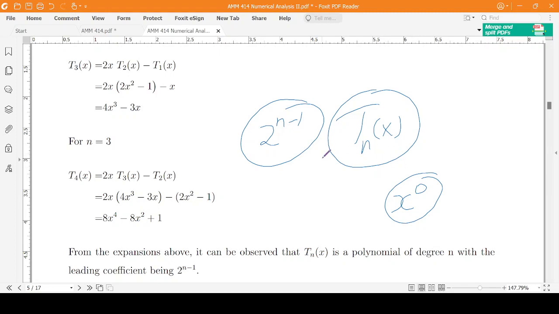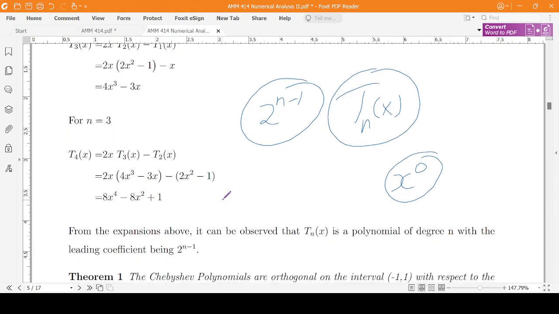So we have only the even powers whenever n is even. And whenever n is odd, we get only the odd powers of x. So that in this case, Tn of x will be an odd function whenever n is odd, and it will be an even function whenever n is even.